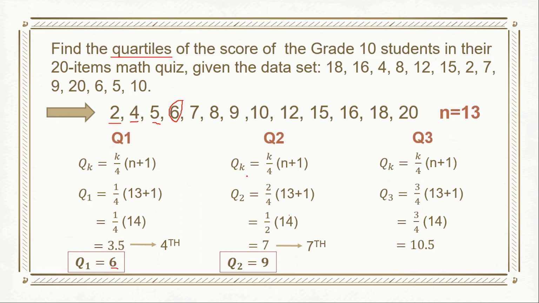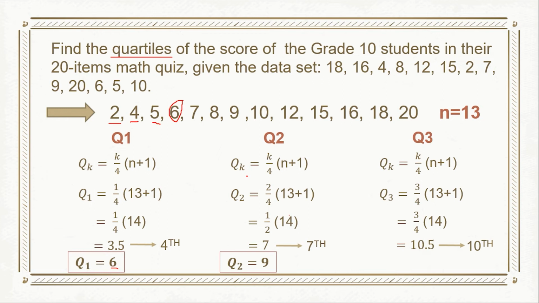Okay, so we all know that Q3, or quartile 3, is equivalent to 75%, and 75% is greater than 50%. Therefore, we need to round down. So 10.5 is equal to 10. Therefore, ang ilolocate nating position is yung pang 10.